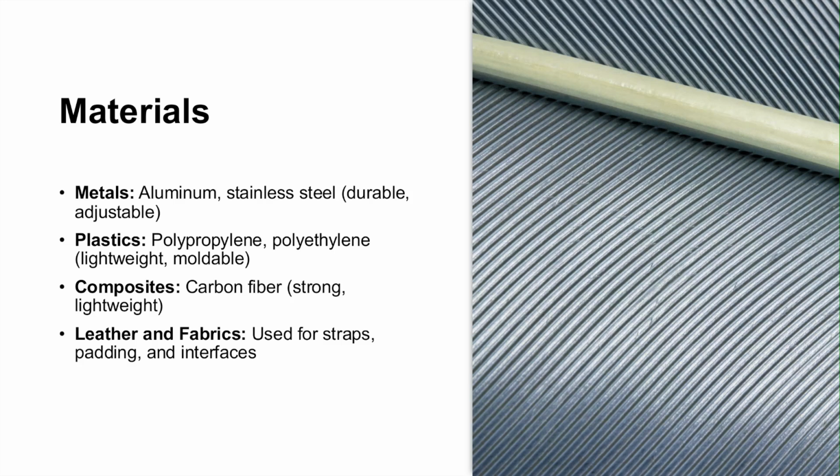Thermoplastics like polypropylene are ideal for molding, while carbon fiber is chosen when the strength to weight ratio is critical, and those with heavy weight can use carbon fiber. And don't forget softer materials like EVA or leather for straps and padding, which ensure the device remains wearable.